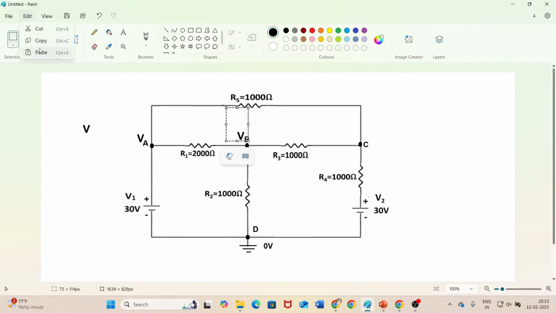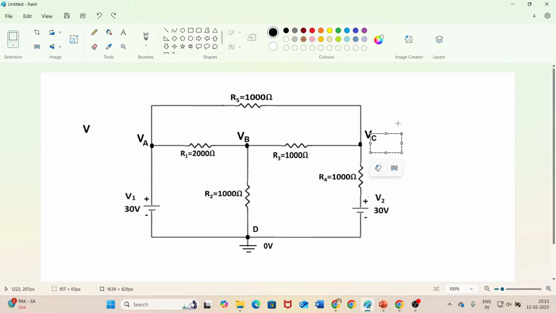And one more I'll paste, V here. I couldn't write V suffix C, so I will modify this and place it here.